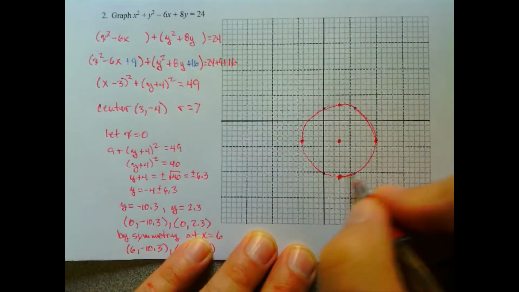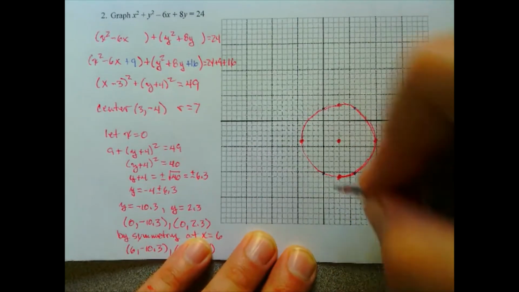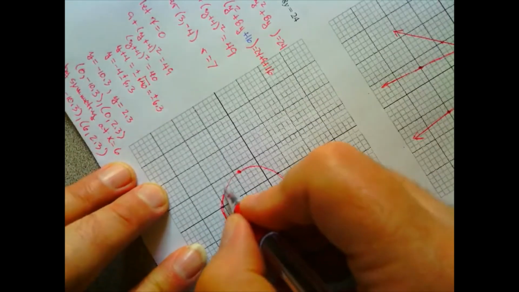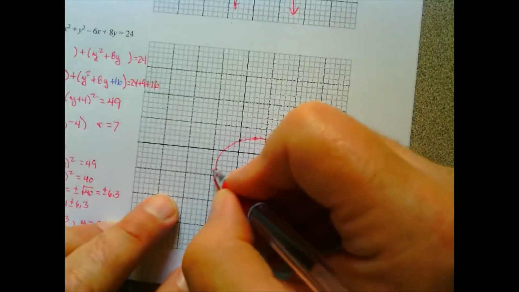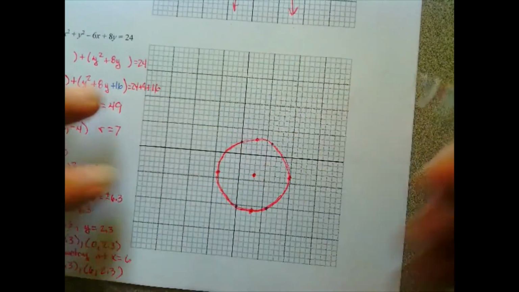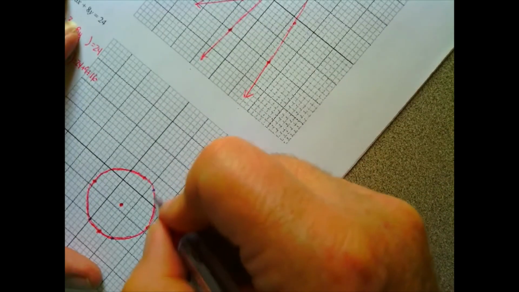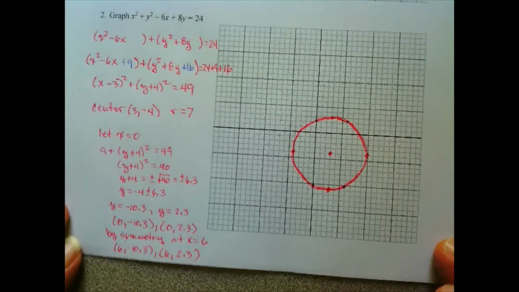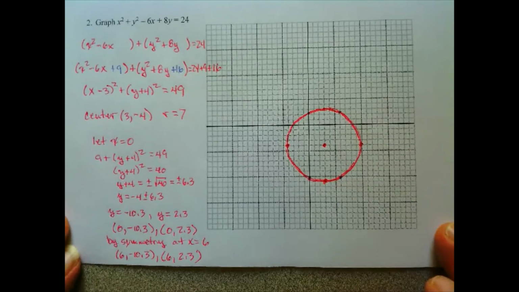And so a circle, go ahead and just shift it slightly so it's easier to fill in. And so maybe not quite perfect, but close enough.